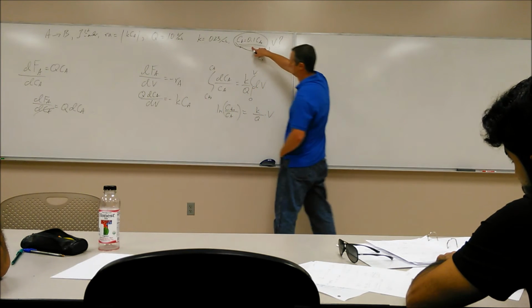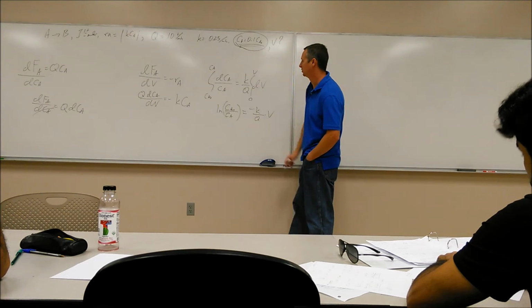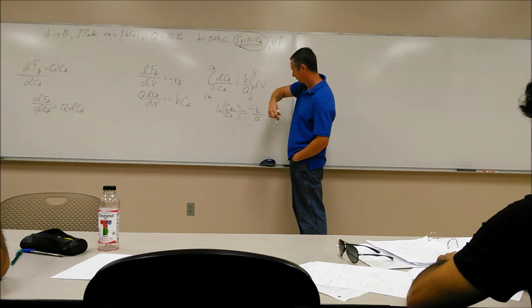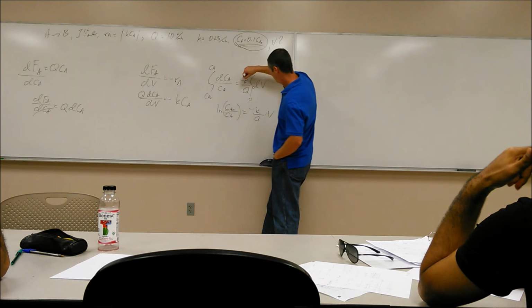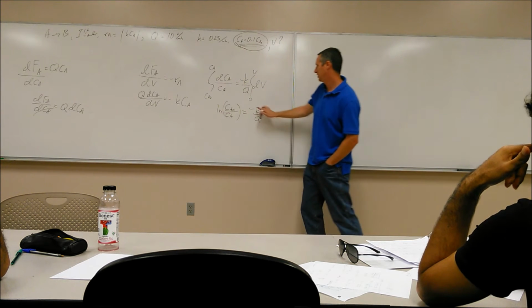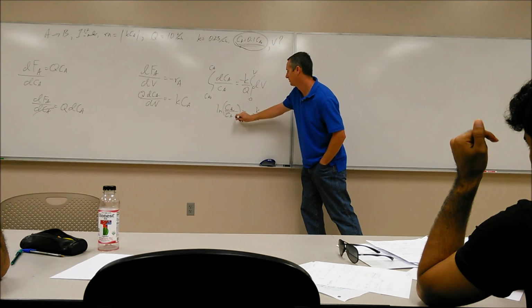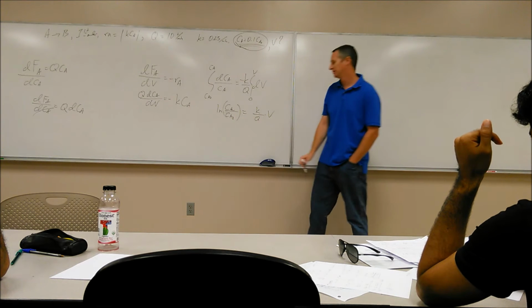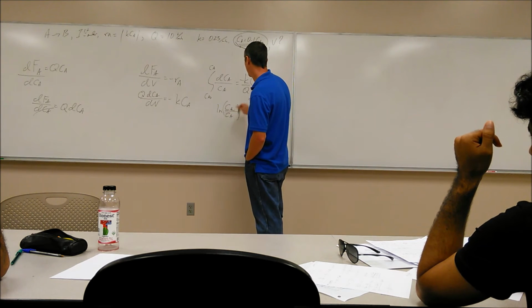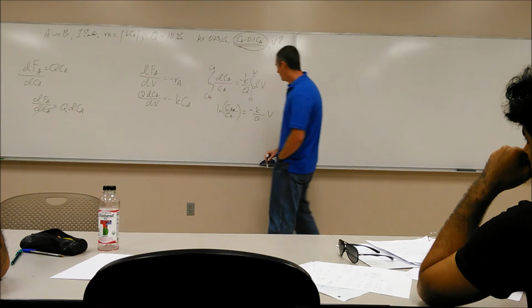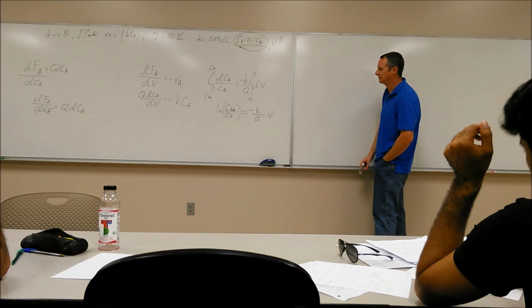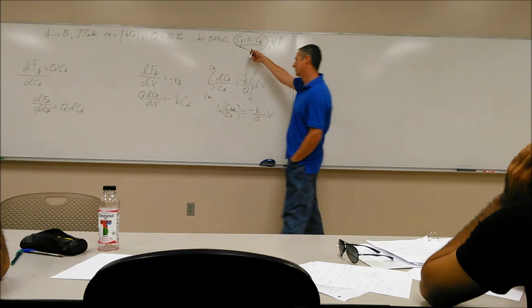That's not negative K. Here, why don't I do that instead? I can do that too, couldn't I? I'll leave the negative one. So you have C naught over CA. You use this equation right here.